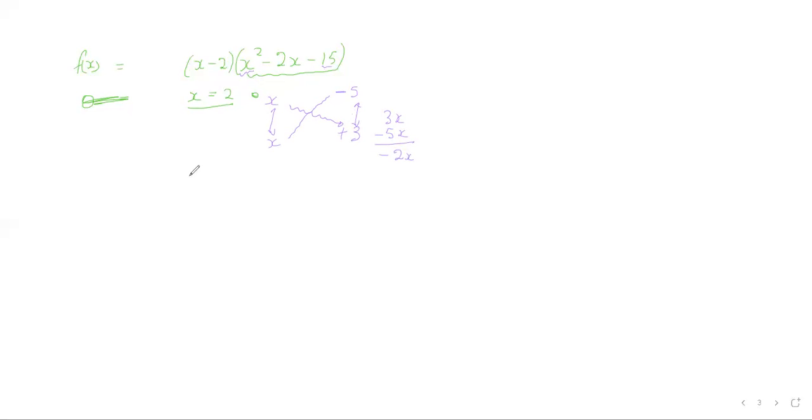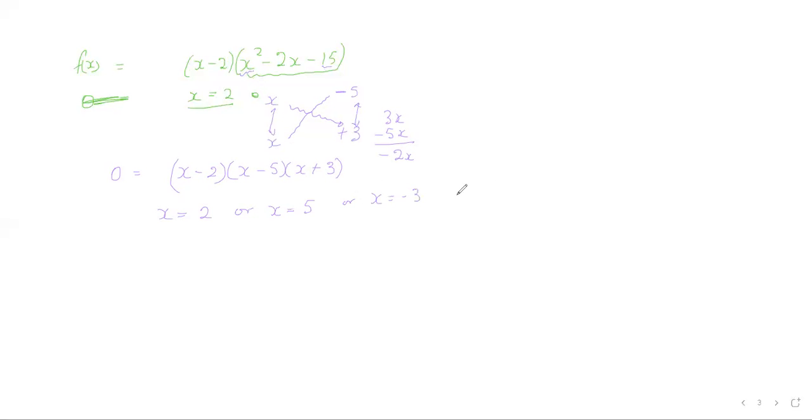So we have 0 is equal to x minus 2 into x minus 5 into x plus 3, which means x is equal to 2 or x is equal to 5 or x is equal to negative 3.